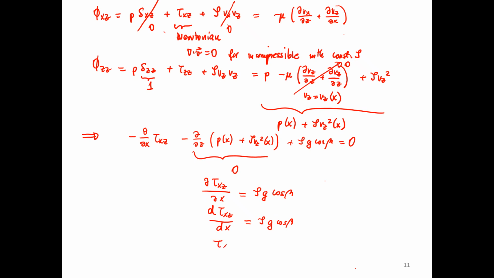Tau xz is rho g cosine theta times x plus some constant c1. I'm just going to write it as c1. And obviously, it's a function of x in this problem.